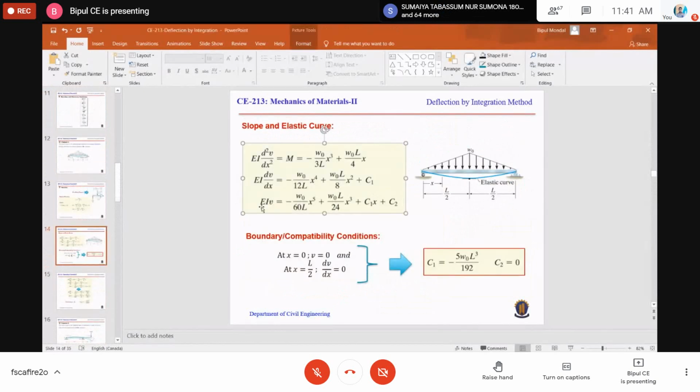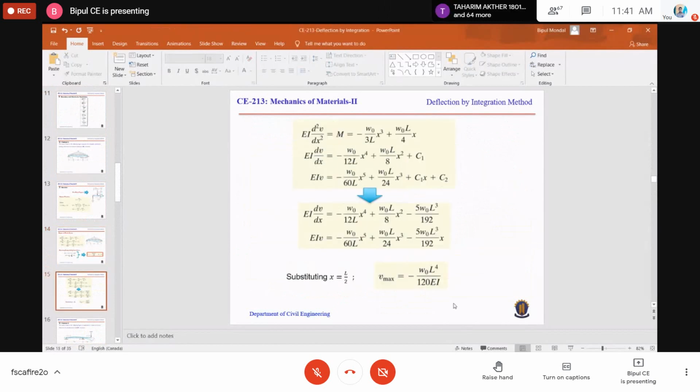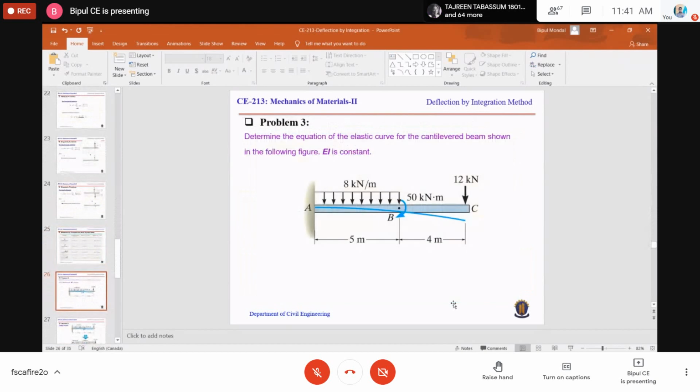We have to develop this equation, where EI is constant. It is mentioned here, and if it is not mentioned, generally you will assume it is constant. E is the modulus of elasticity and I is the moment of inertia, and that is constant for the beam.